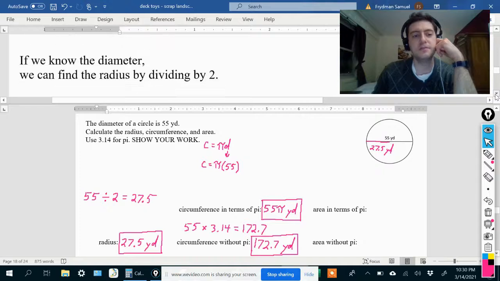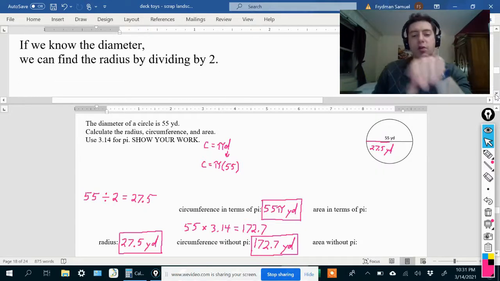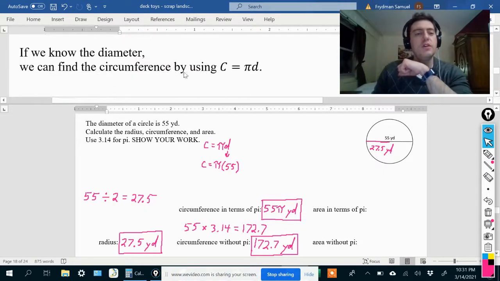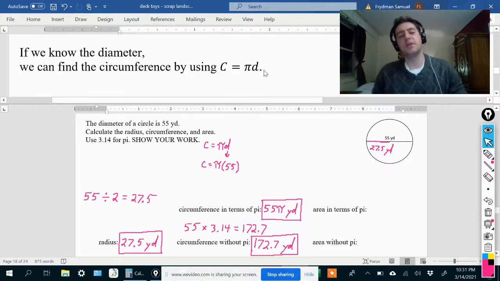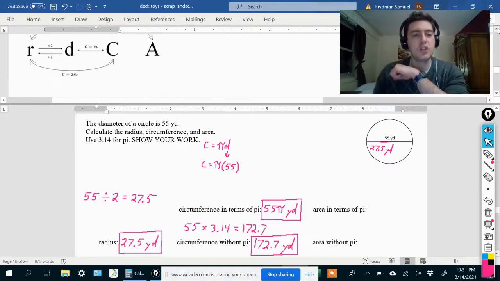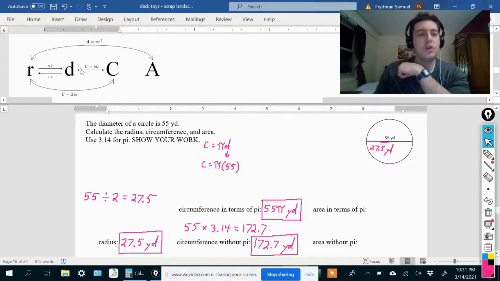And then what we just did here was, if we know the diameter, we can find the circumference by using C equals pi D, because that has both D and C in it, so that's the correct equation to use.